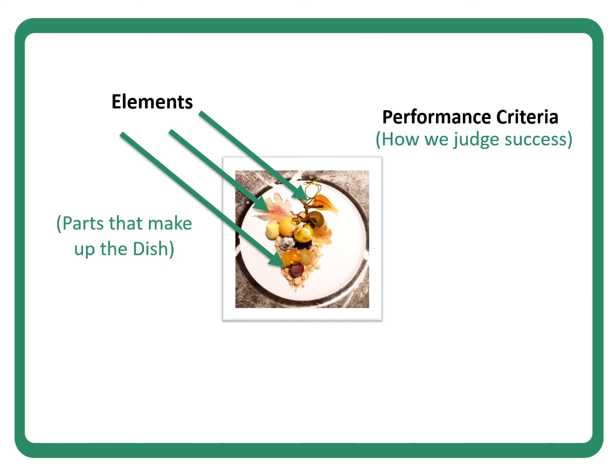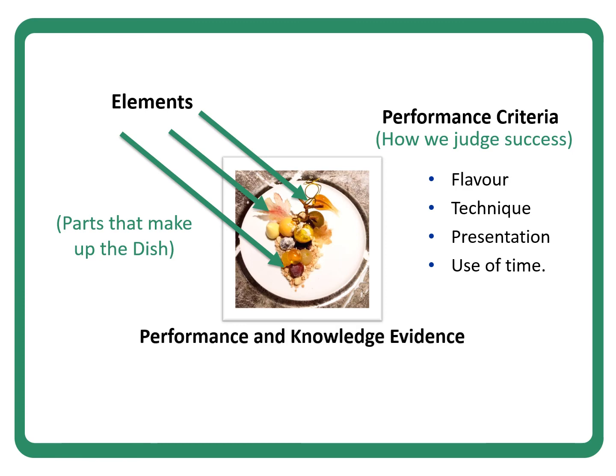And if you've ever watched MasterChef or one of those cooking shows, you know that you have this panel of judges who will take the dish from one of the participants, and they will judge it on a series of criteria. It could be flavor, technique, presentation, the use of time, or any number of other things, just like we do with a unit of competency. So we've got the elements, which is what they have to be able to do, and the criteria, which helps us to judge the success of those elements.